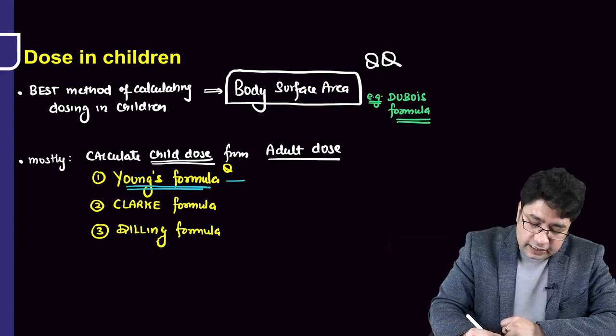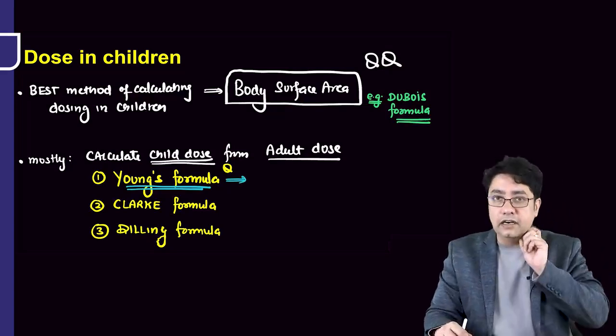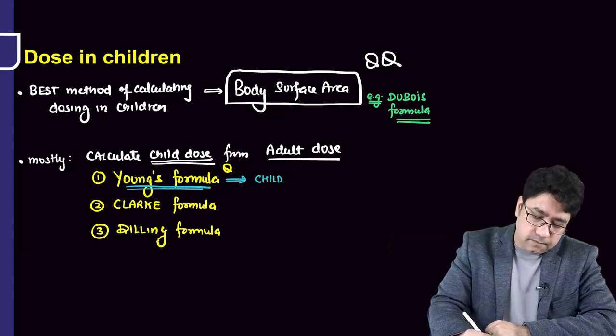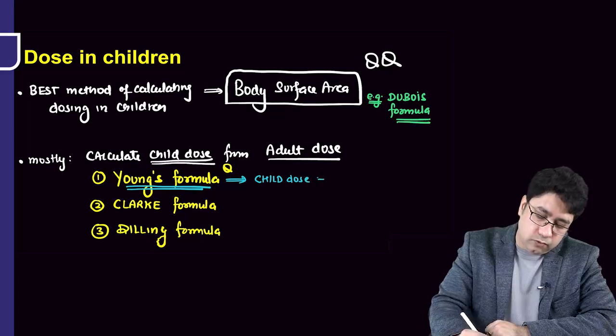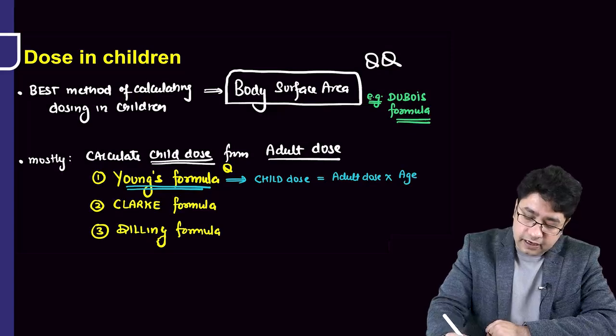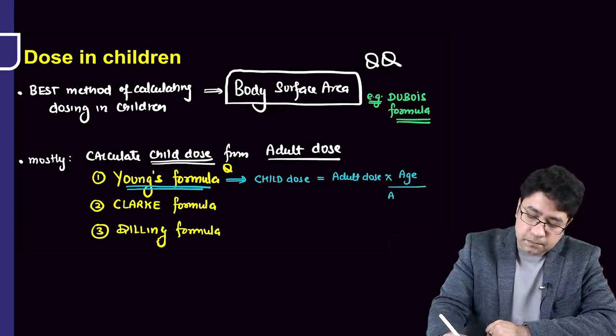So, how do we calculate child dose from adult dose in Young's formula? Child dose is equal to adult dose multiplied by age of the child divided by age plus 12.